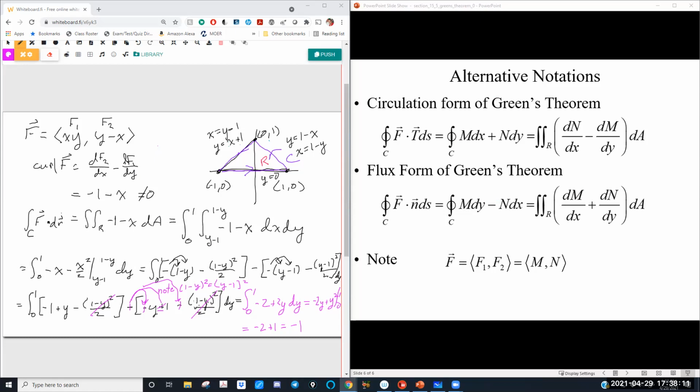Here's what I want you to work on from the worksheet. Number 2. Don't worry about number 1. You can always try those later, but for today, for this class period, number 2, there's an A and a B, and you're going to use both versions of Green's theorem for both A and B. Now remember, once you set up your region of integration for your line integral, if you're doing the same vector field and the same path, it's the exact same setup for your flux integral and vice versa.